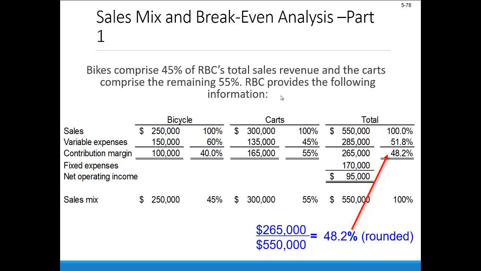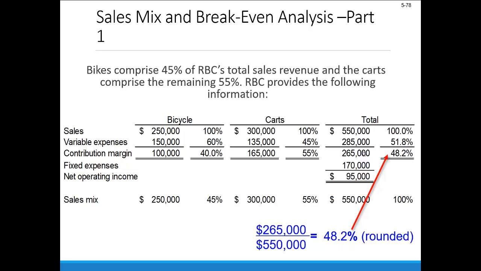RBC gives us some income statement information that we've shown here. There's our bike segment income statement, and that's just what we'd seen before, selling 500 bikes, so $250,000 worth. Let's also assume they're selling $300,000 worth of carts, which generates a contribution margin of $165,000. And again, that constituted 55% of total sales.